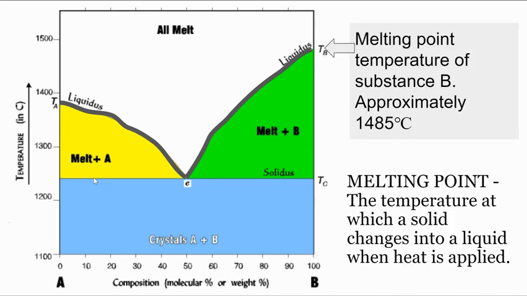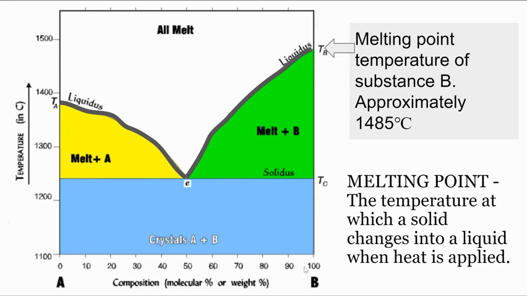The melting point temperature is the temperature at which the substance melts. If we're talking about a pure substance, pure substances have a melting point, a temperature at which the solid changes into a liquid when heat is applied.